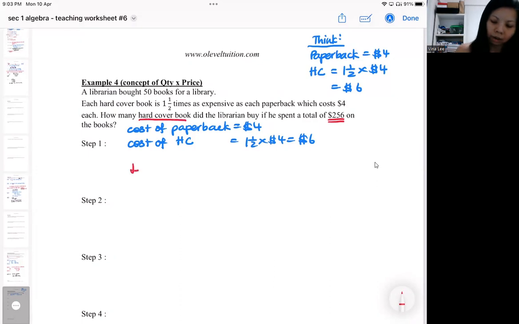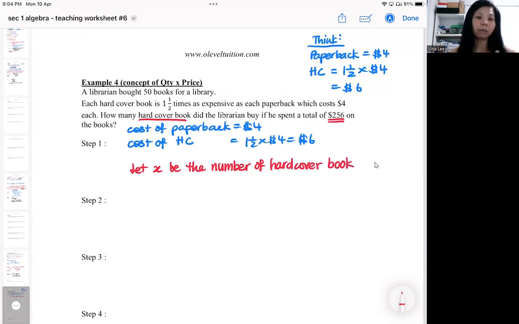So we are interested to find how many hardcover books. So I'm going to let X be the number of hardcover books. But there are two types of book. So if X is the number of hardcover books, hardcover and paperback are going to add up to 50.